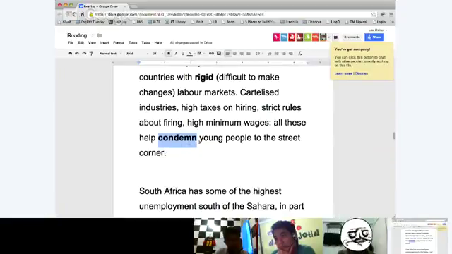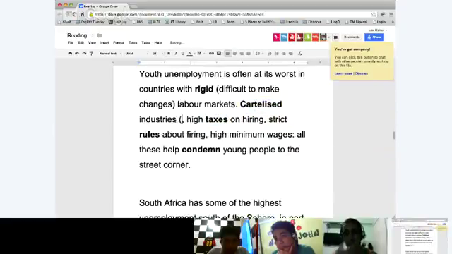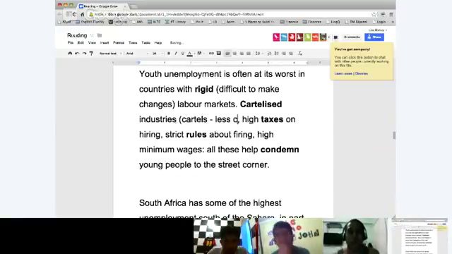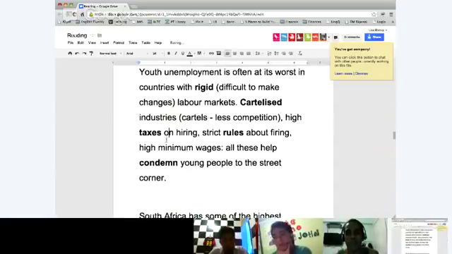Condemns means it makes them go there. It's like that's the only place they can go because they're not going to find a job, because it's too hard for people to start new businesses and succeed with so many rules and taxes. Cartelized industries means when the industries form groups, and they are talking more about competition.